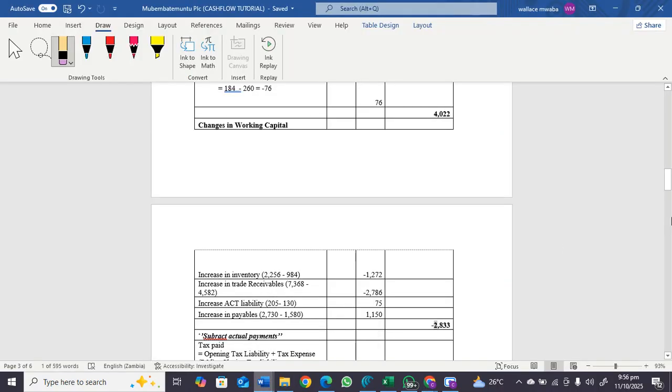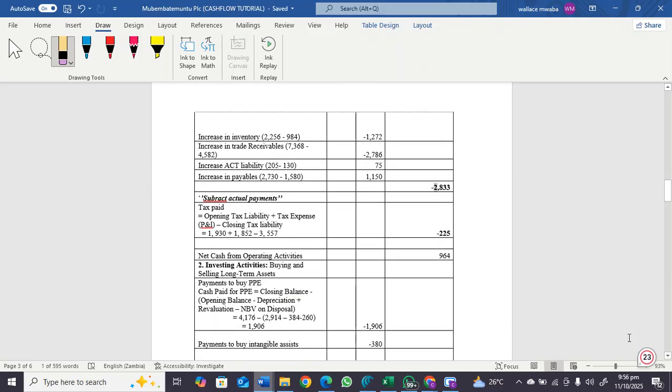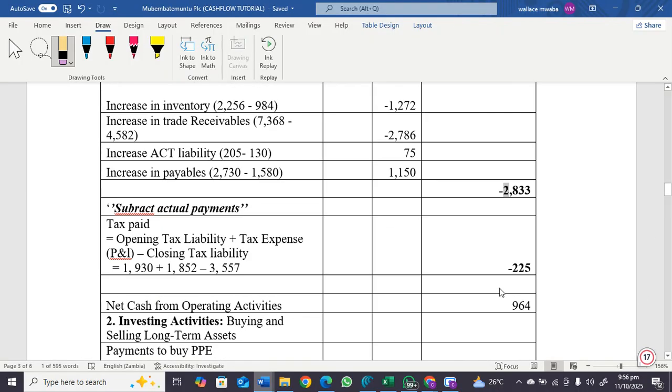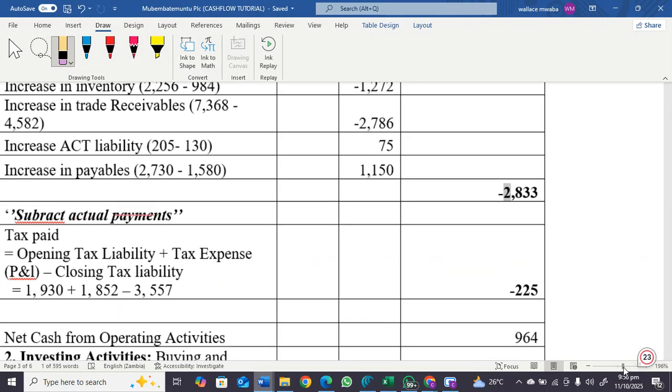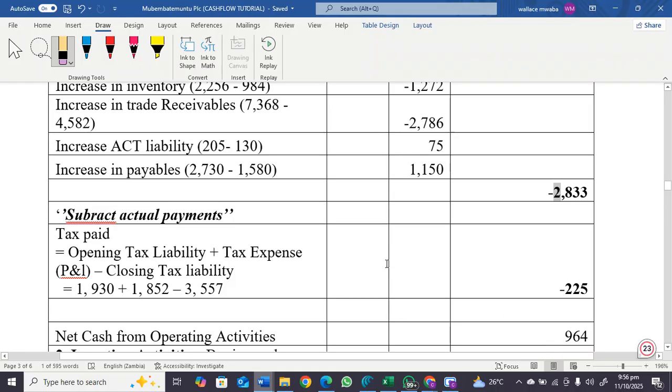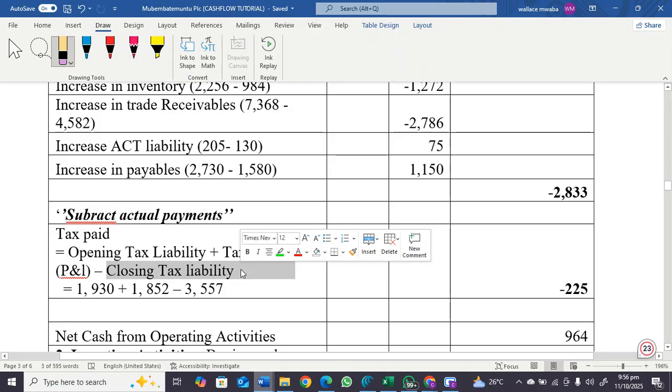So this is how you find how much tax has been paid. You can use this formula: opening tax liability plus the tax expense, which is on the statement of profit and loss, minus the closing tax liability.